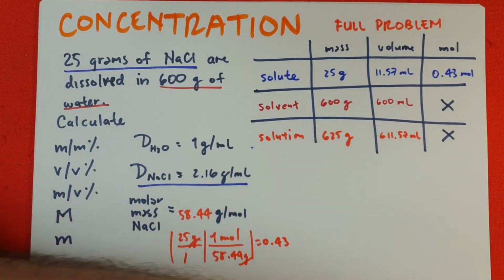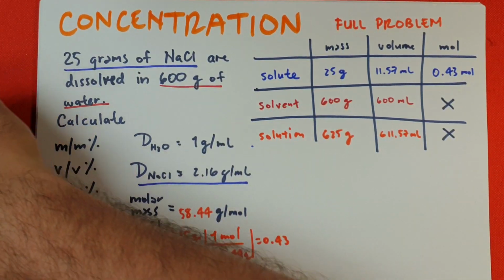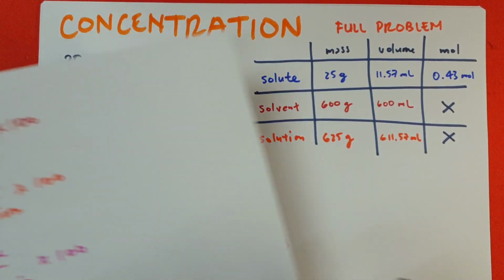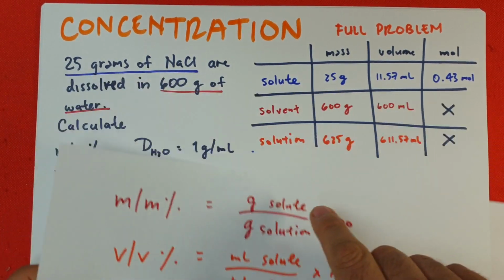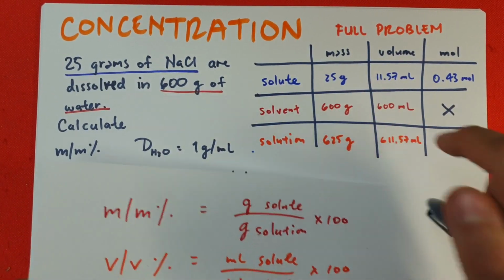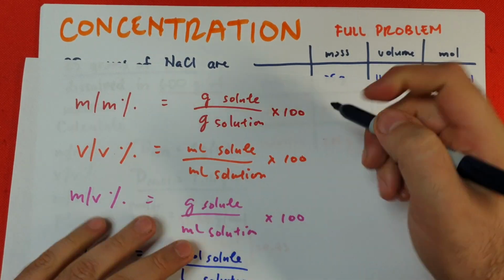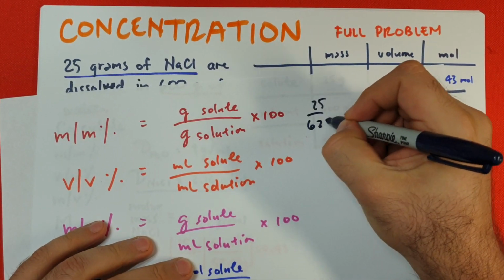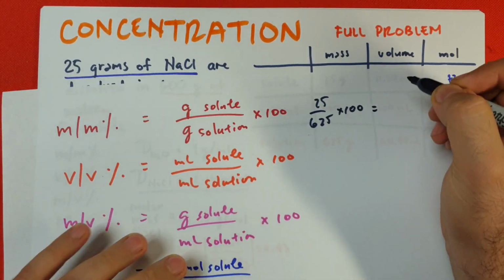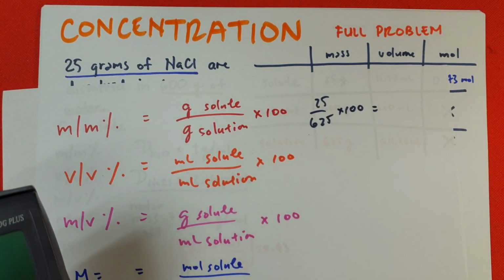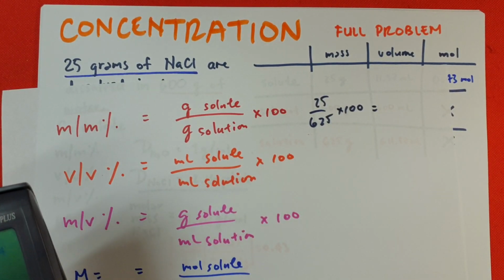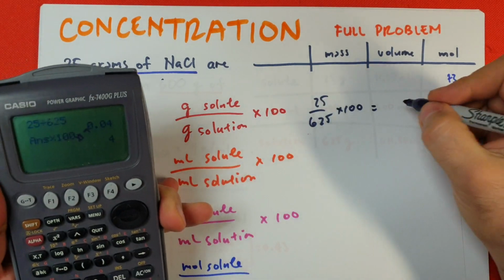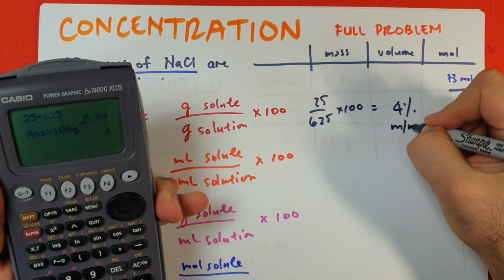It's really just plug and chug. Grams of solute over grams of solution: 25 divided by 625 times 100 is 4% mm.